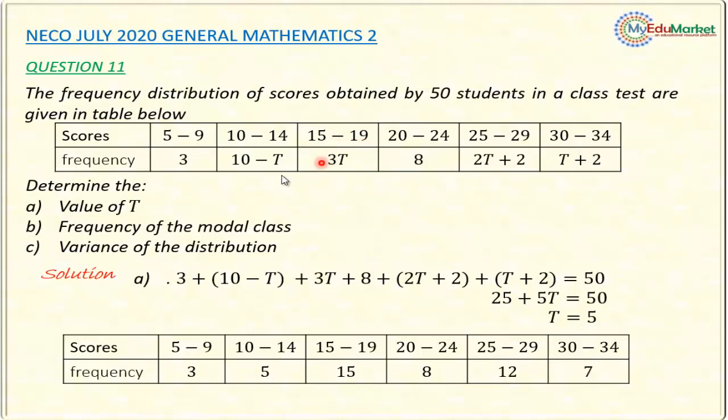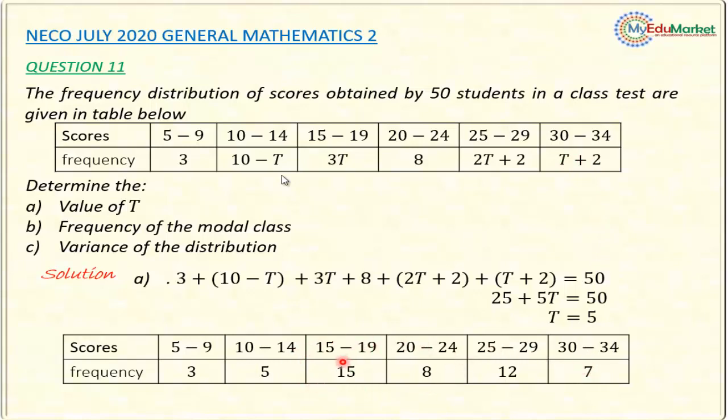The next frequency, 3t, is 3 multiplied by 5, that will be 15. Here it is 2t plus 2: 2 times 5 is 10, plus 2 will be 12. And the last is t plus 2: 5 plus 2, the result is 7. So this is the table.